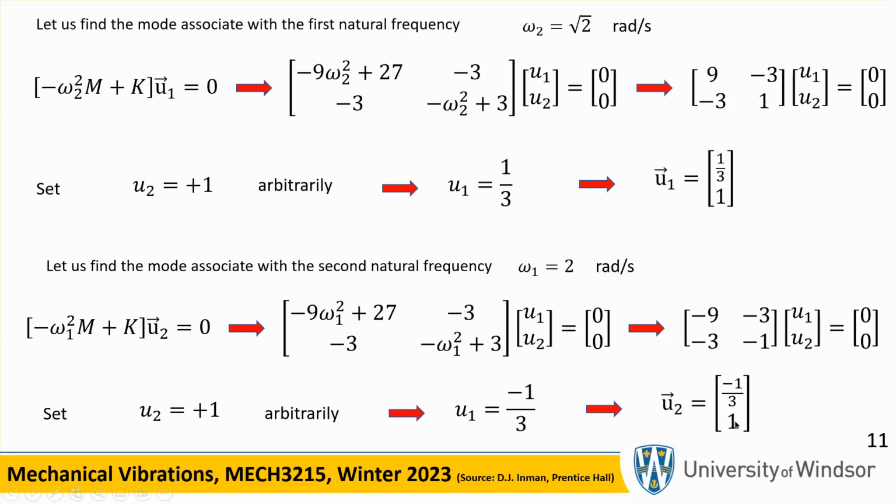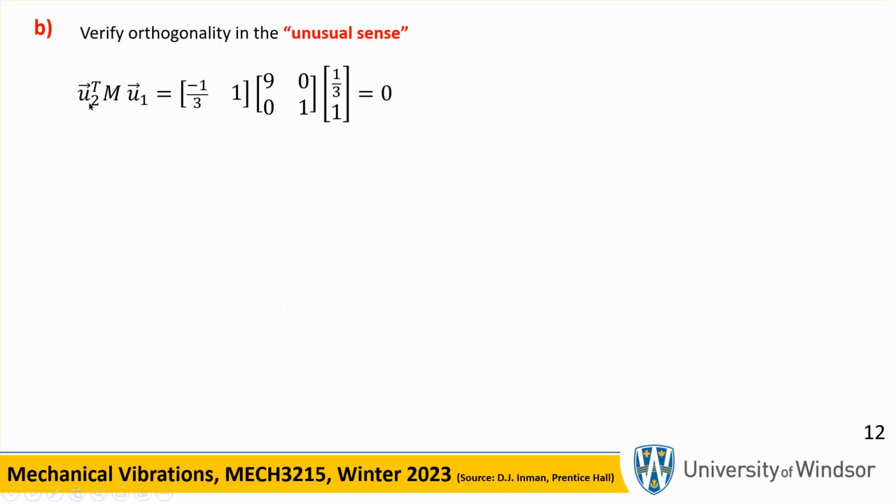You get some number. But if you put an m between them, in other words, u2 dotted with mu1, and this is one way of writing it, you do get 0. And the same thing, if you take u2 dotted with ku1, you get 0.